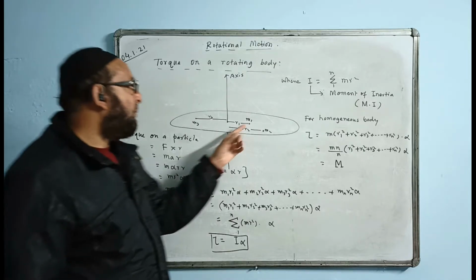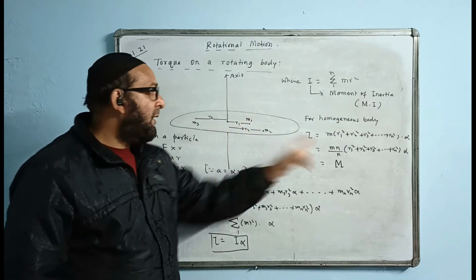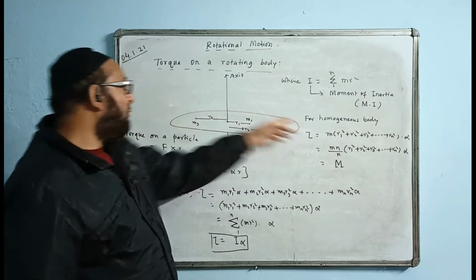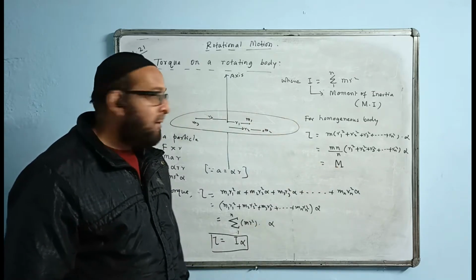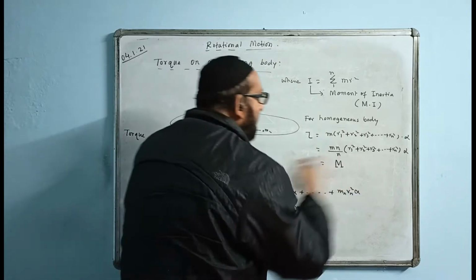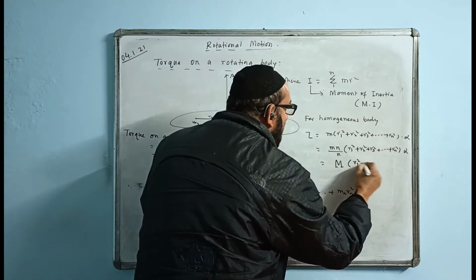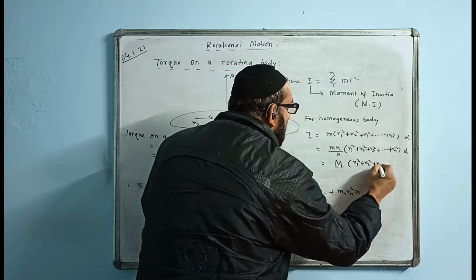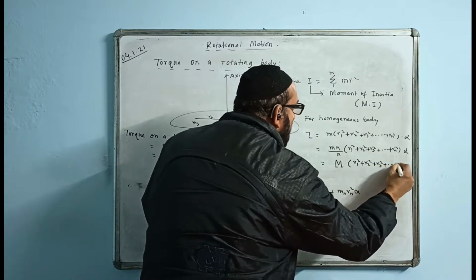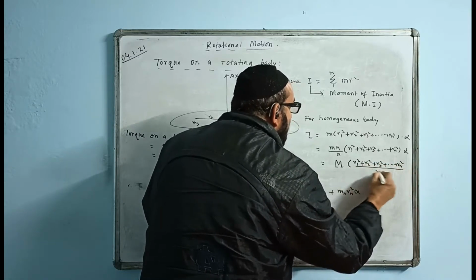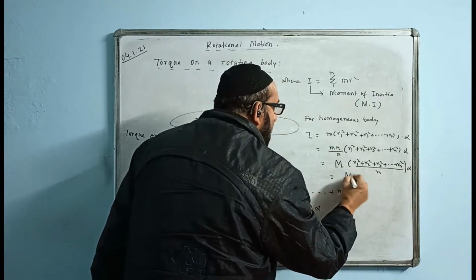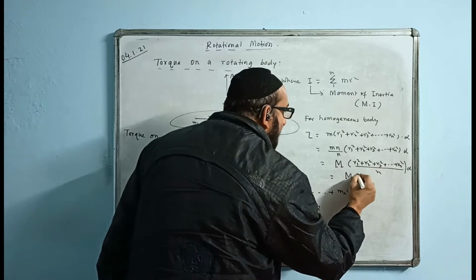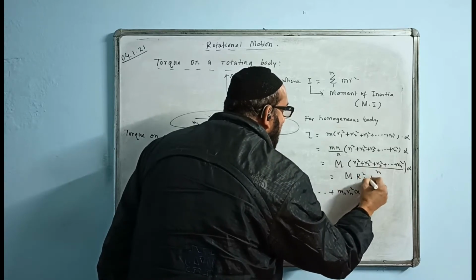For example, if the mass of one particle is m and there are n such particles, the total mass is capital N. The quantity in brackets divided by n will act as capital R squared, into alpha.